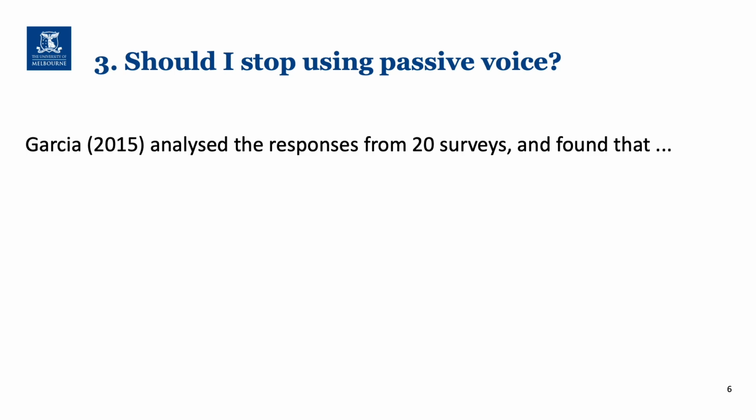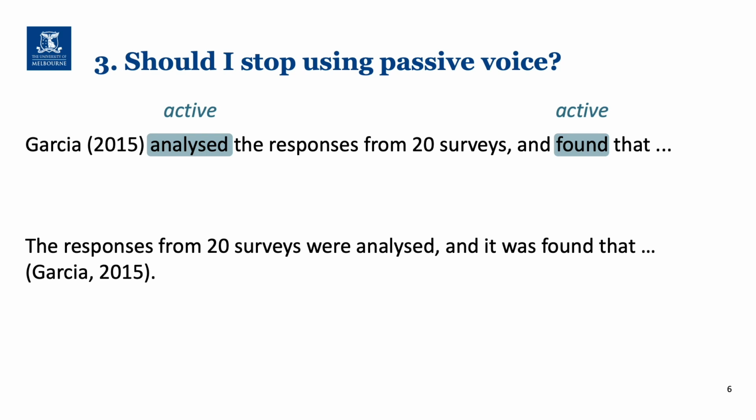In this example of active voice, I know that the researcher Garcia analysed survey responses. "Garcia, 2015, analysed the responses from 20 surveys and found that." But in the passive voice example, "The responses from 20 surveys were analysed and it was found that, Garcia 2015," I'm not entirely sure whether Garcia analysed the surveys or if this author analysed Garcia's surveys themselves.